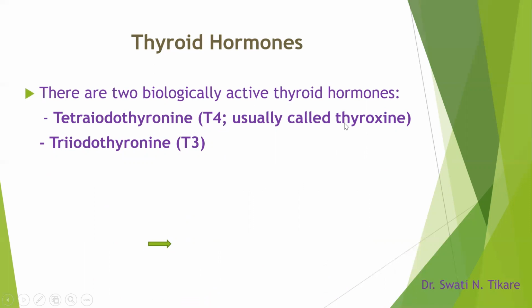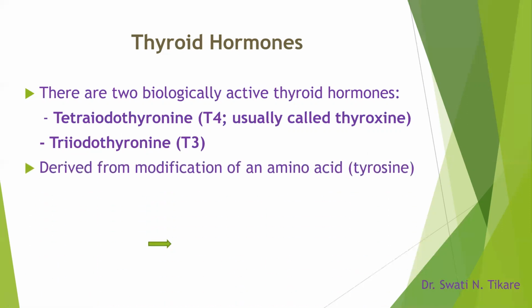This is what is usually called thyroxine. Okay, the next hormone that is produced is triiodothyronine. That means it is iodinated at three places. We'll see all the details. It is called T3. So T4 and T3 are the important hormones that we call together as thyroid hormones.